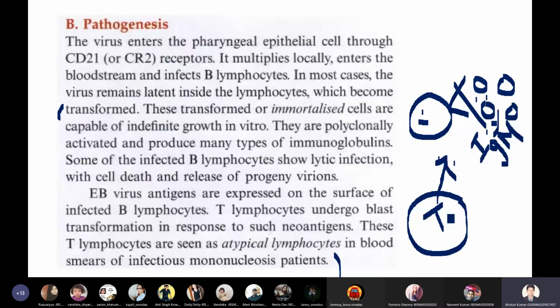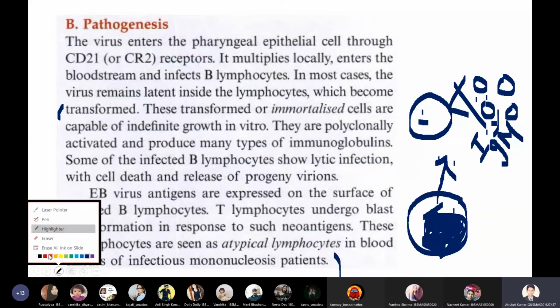During this battle between the virus and the T lymphocytes, the virus will cause a little damage to the lymphocytes, resulting in vacuolation of the nucleus. That means the nucleus will become like this: in the center of the nucleus, we can see an eye like this.